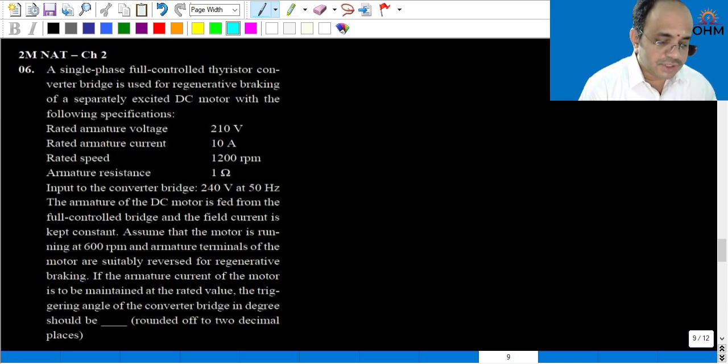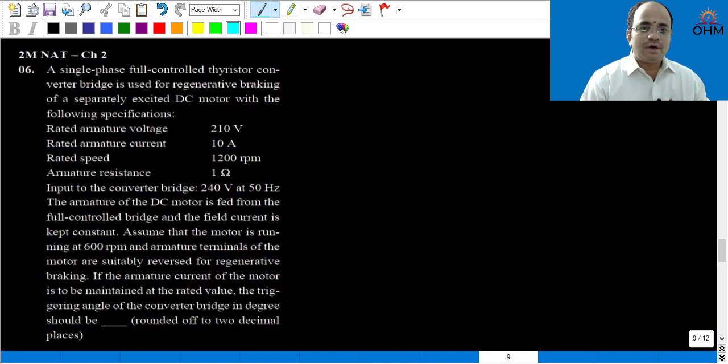A single phase fully controlled thyristor converter bridge is used for regenerative braking of a separately excited DC motor with the following specifications. The rated armature voltage 210 volt and rated armature current of 10 ampere, rated speed of 1200 rpm, armature resistance of 1 ohm, input to the converter bridge 240 volt at 50 hertz.